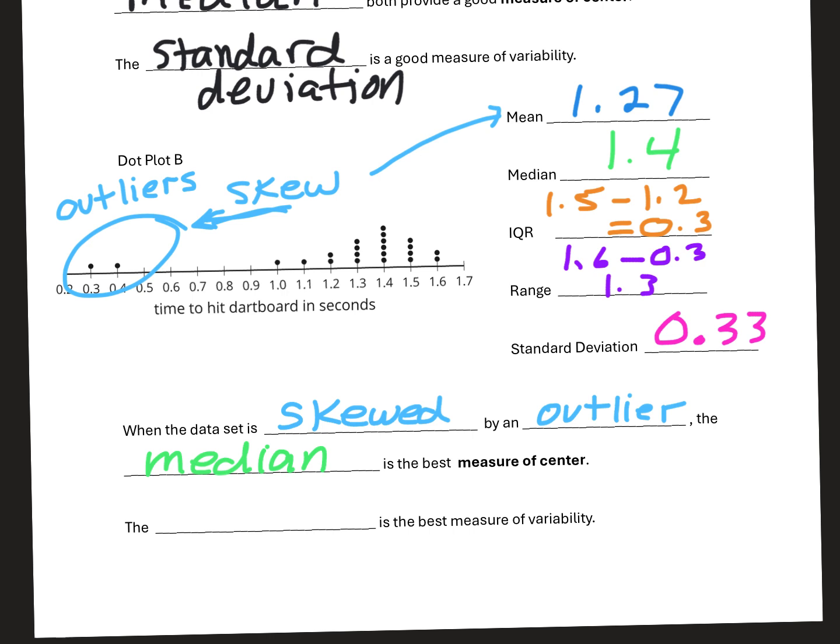The median does not change. And because the data is skewed also, instead of using the range, we want to use the measurement that shows the middle of the data set. So instead of using standard deviation, now we're going to use interquartile range.